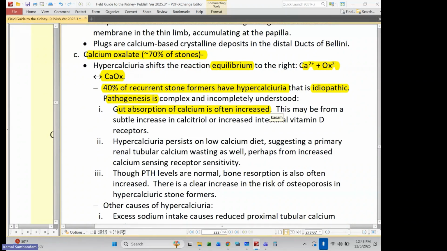For instance, some people have SNPs that are variants in the vitamin D receptor. Some people have genetic variants in claudins. Claudins are some of your proteins that mediate permeability at tight junctions of things like calcium and magnesium.